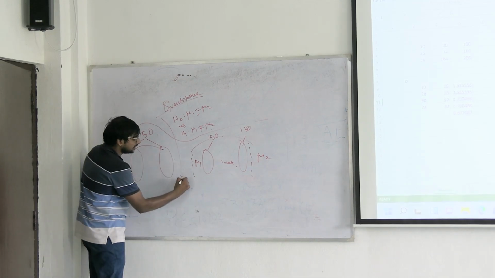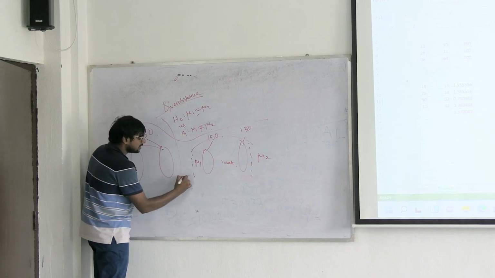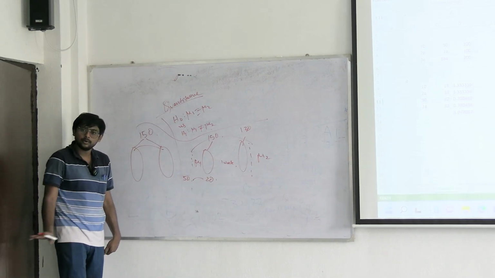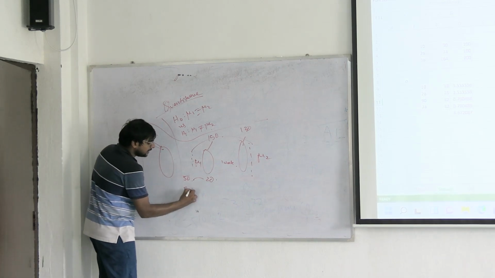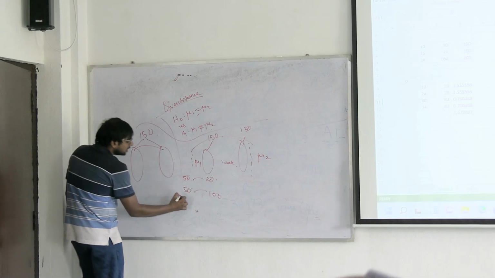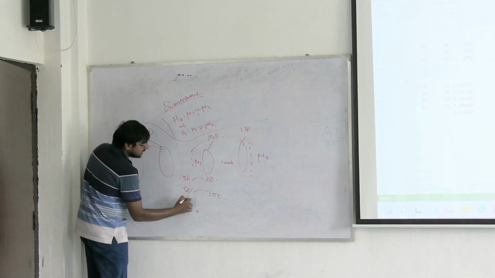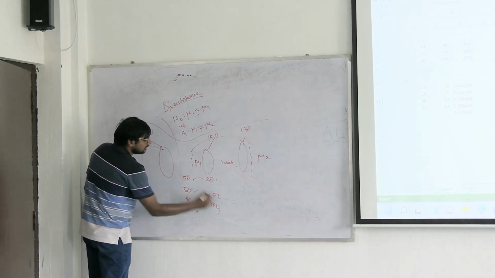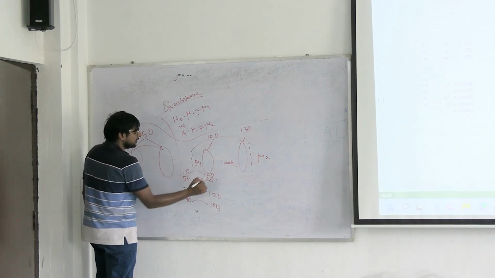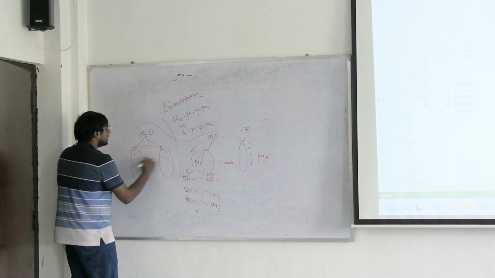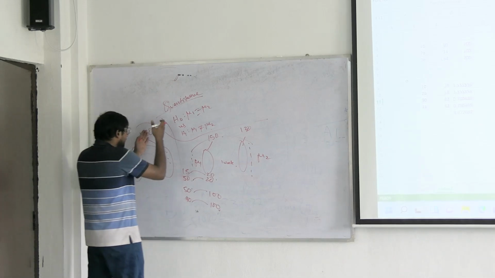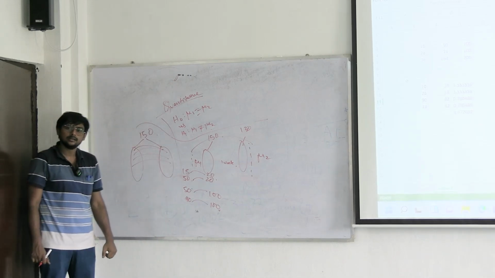Like he was 50 kilograms, how do I expect him to go to 20 kilograms after the medicine? No, it won't happen. He was 50 kilograms, he won't go to 100, right? The guy who was say 80 or 90 is more likely to go to 100 than this guy, correct? The guy who was 15 is more likely to go to 20 than this guy. So there is correspondence. There is the same guy who was weighed before giving the medicine and the same guy who was weighed after giving the medicine, correct?